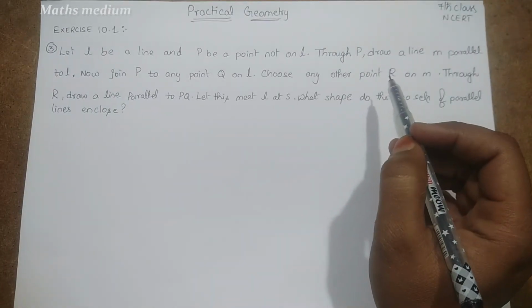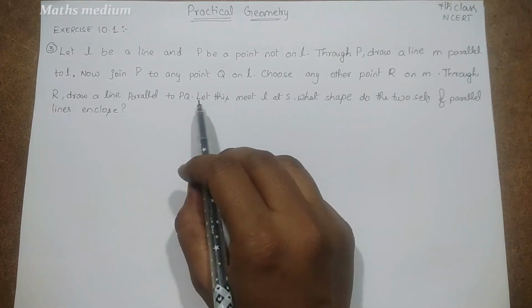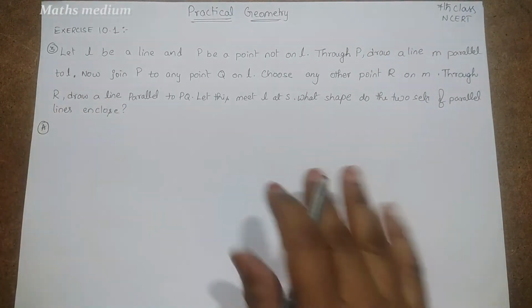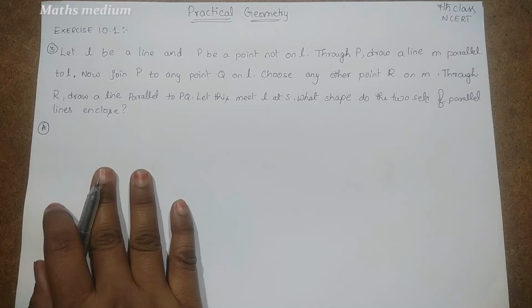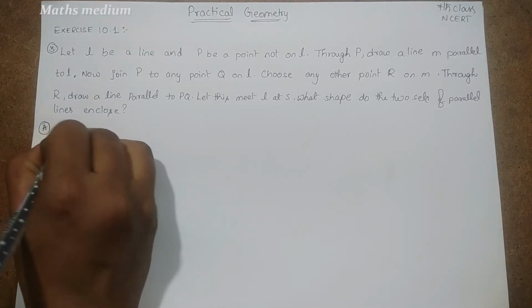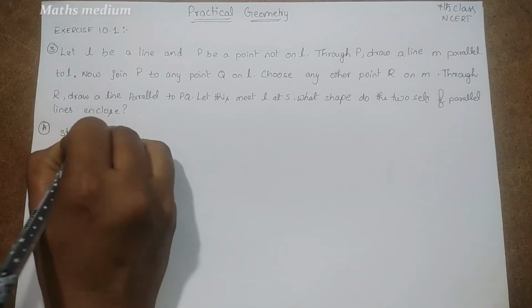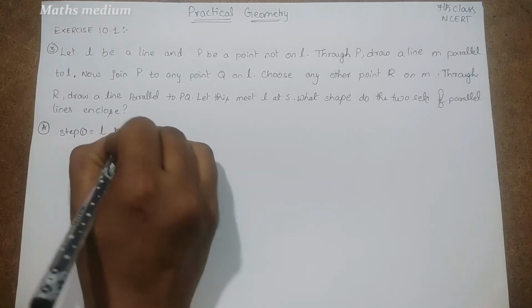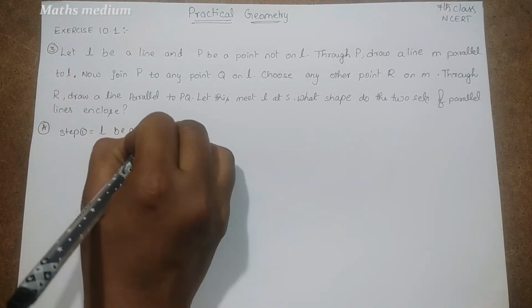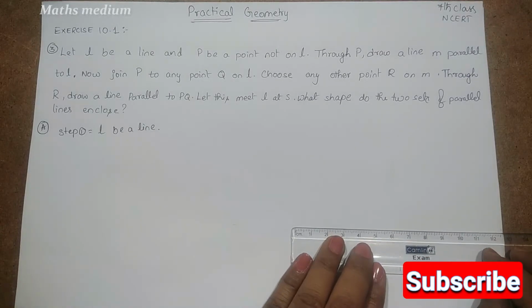So let's start with the construction of this given question. Here I am drawing and here I am writing steps also. First of all, step 1: let L be a line. It means construct line L. So this is the line I am taking.